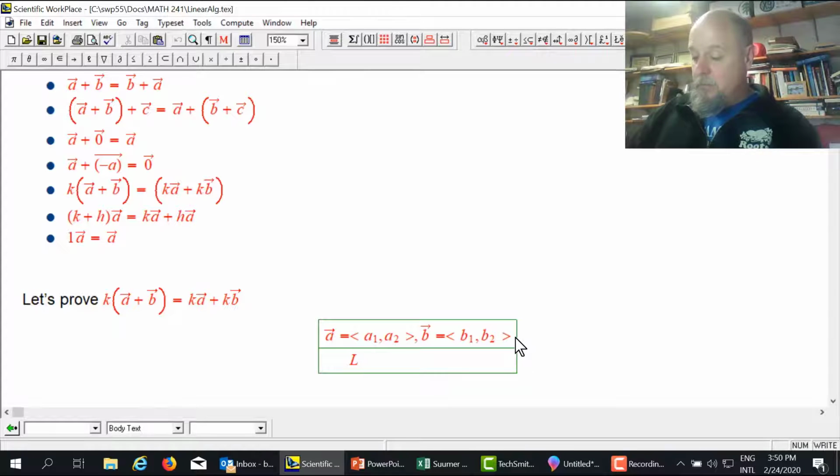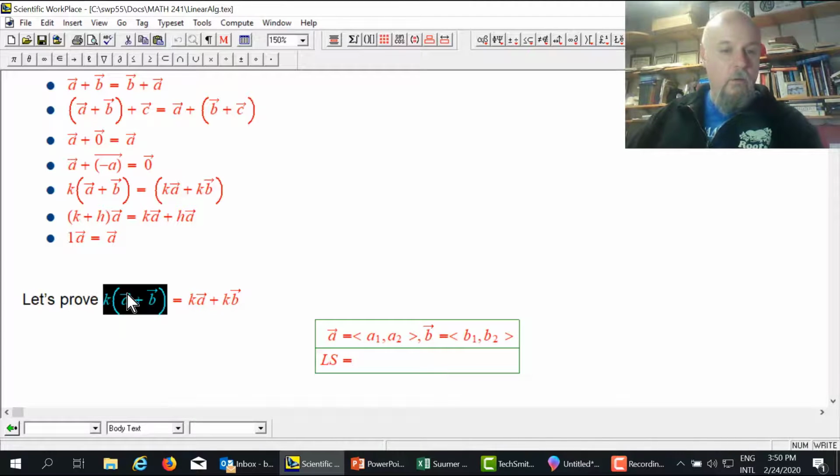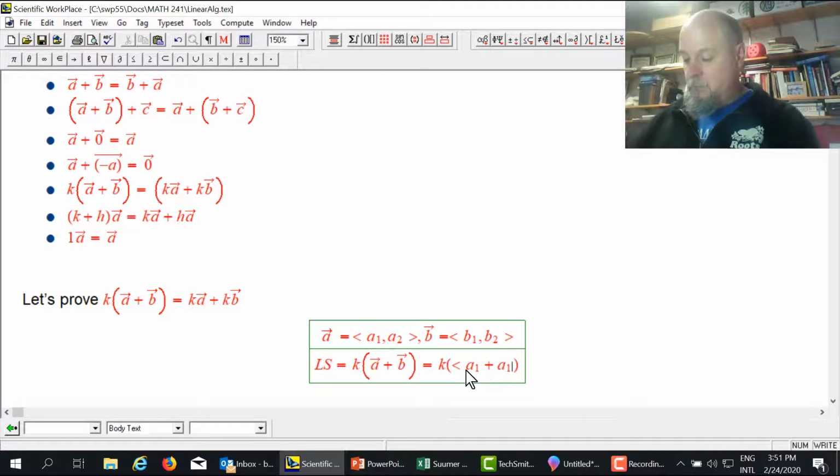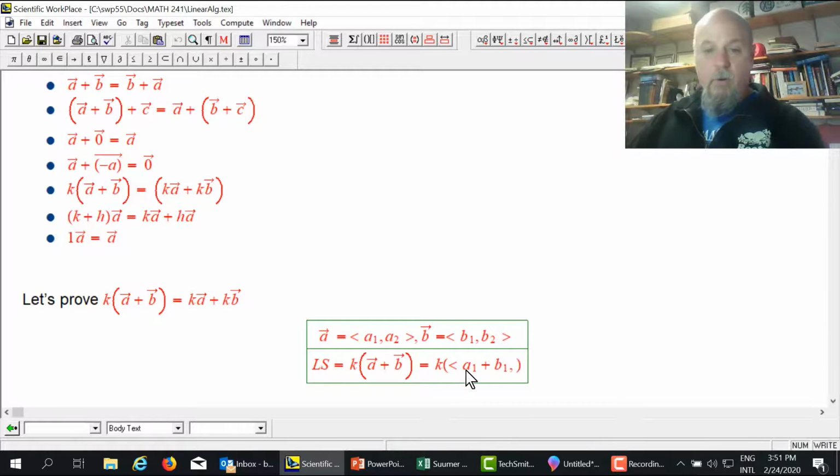the left side is equal to, and now inside here, let's get the vector A plus B. The x component would just be A1 plus B1, and the y component would just be A2 plus B2.